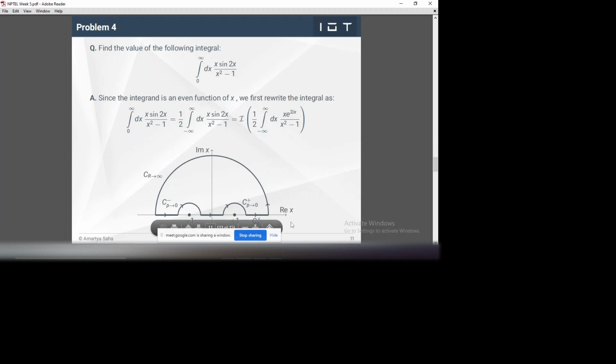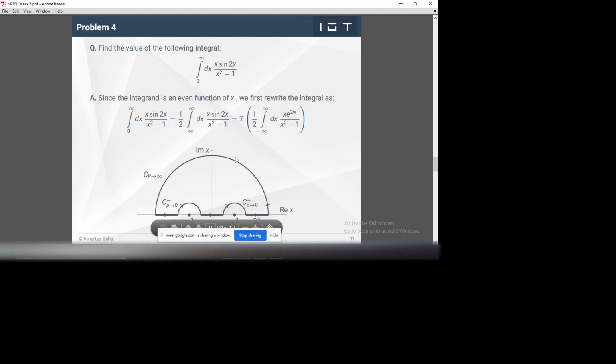cross. Cx cross means I have excluded those finite number of points from the real line. Earlier we had Cx as the contour that extended along the real line. Here we have Cx cross. This is the part of the contour that lies almost along the real line, but leaves out the points of singularity.